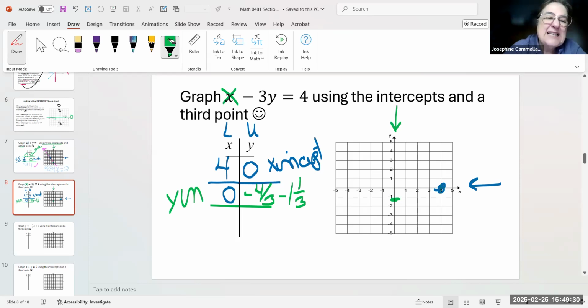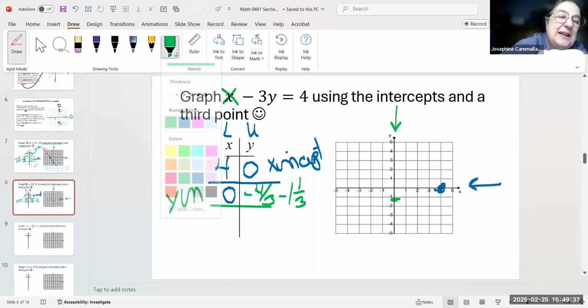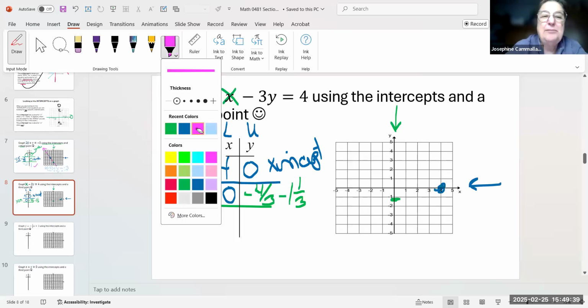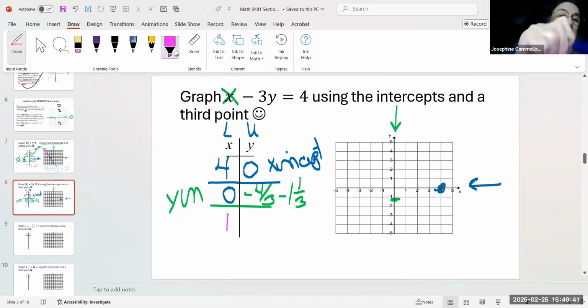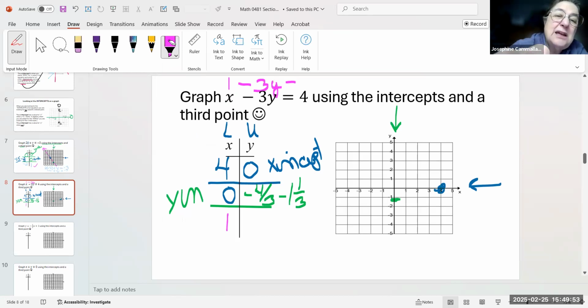Now, let's pick something a little different. Let's pick a positive one. Now, that's for x, okay? That means I'm going back to my equation, and this is going to be 1 minus 3y is equal to 4. Well, if I subtract 1, I get a -3y is equal to 3.